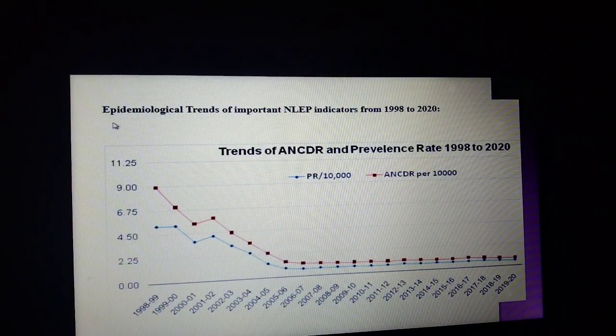Next, these are the epidemiological trends of important NLEP indicators from the year 1998 to 2020. As you can see in this graph, how it is decreasing starting from 1998 till 2020.